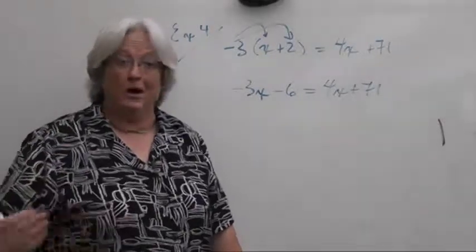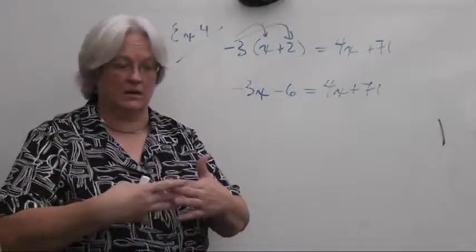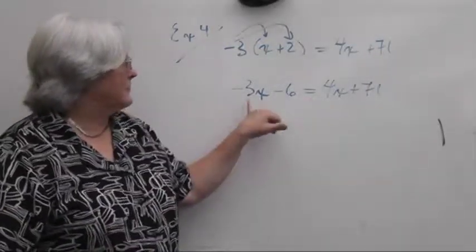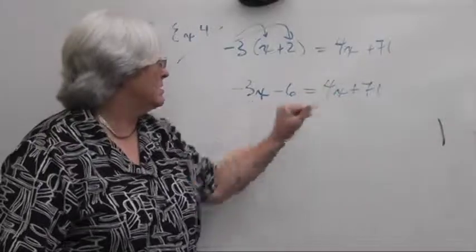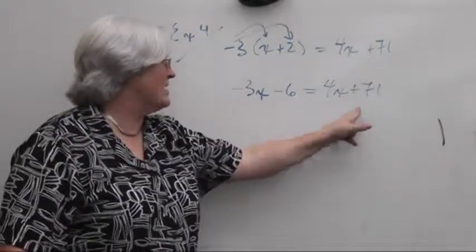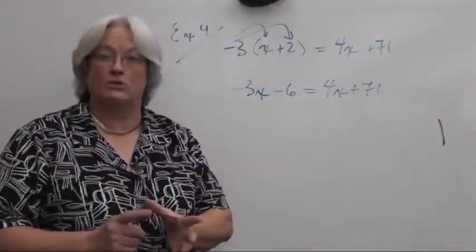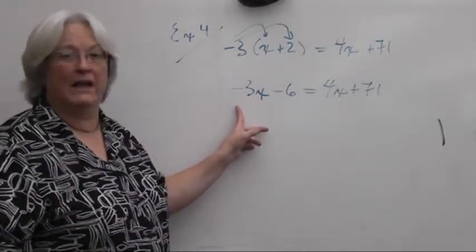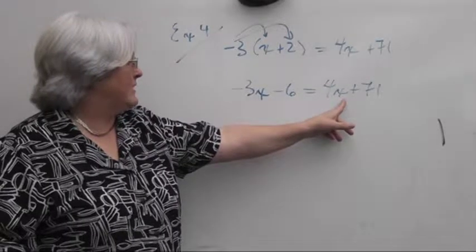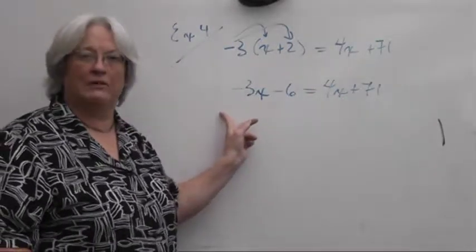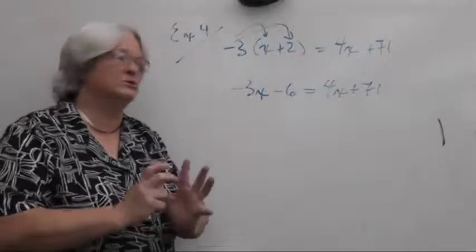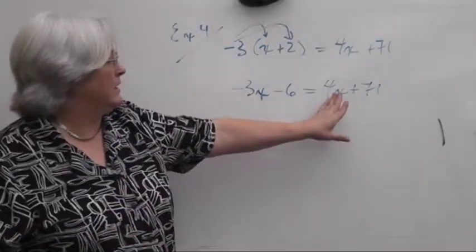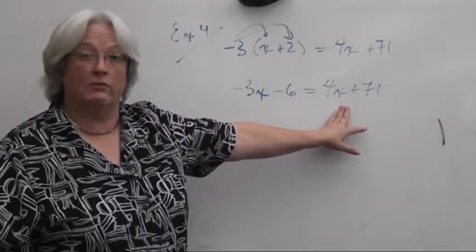I would just soon not introduce that additional possibility for error. So what I like to do is move my variable to whichever side of the equation will make it so that I have a positive here. Now look, I've got a -3x. If I move this 4x over here, I'm going to have -7x. I'm introducing more potential for error, but my x's are going to be positive on the right-hand side.